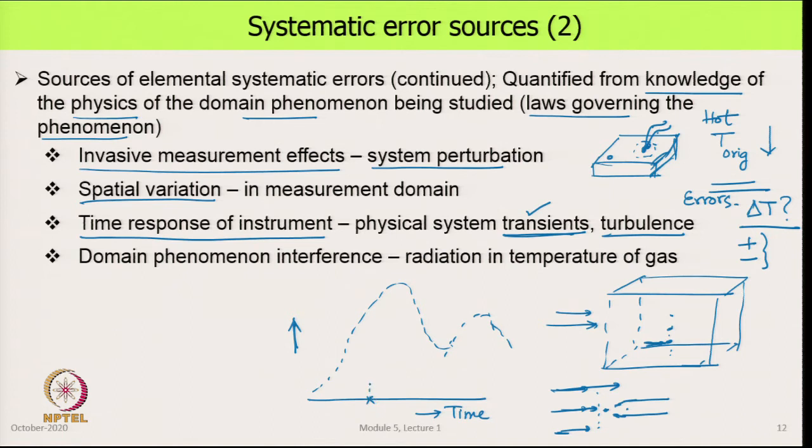So, at this time our sensor should have been reading this value, but the value itself was changing like this, and the sensor was not able to keep track of that. So, as the value went there, it changed the signal from say here to there, but only to some extent. When the signal went there, it got only up to there. When the parameter went there, our instrument showed this.